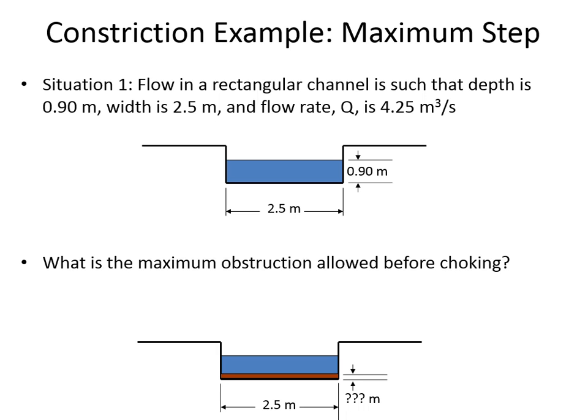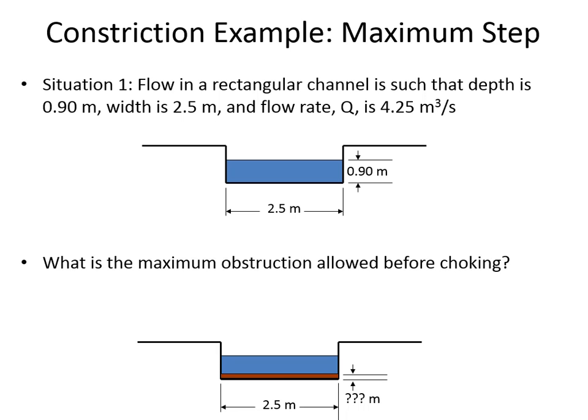Since Y sub C, for a rectangular channel only, is the flow per unit width squared divided by g, to the 1/3 power, we can calculate that the critical depth is 0.665 meters. So that will be the flow depth over the obstruction.